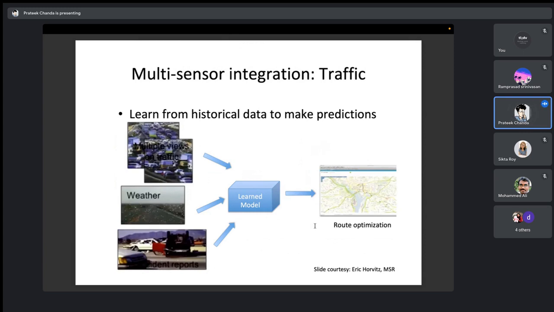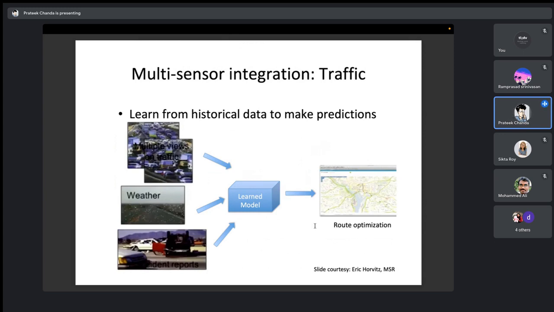So how do you get this data? Here I also include things like weather. If the weather is bad, and I take this shortcut road, does this road get waterlogged due to rain?